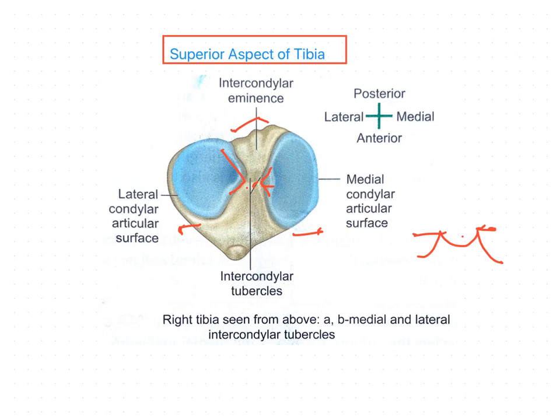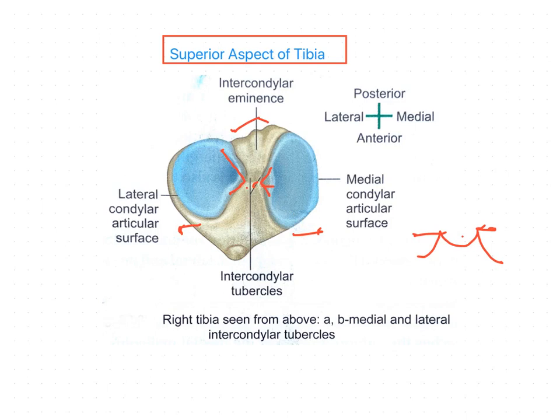In addition to its upper surface, the medial condyle has rough anterior, medial and posterior surfaces which are distinctly marked off from the shaft by a ridge. Okay, and the posterior surface of the medial condyle is marked by a groove.